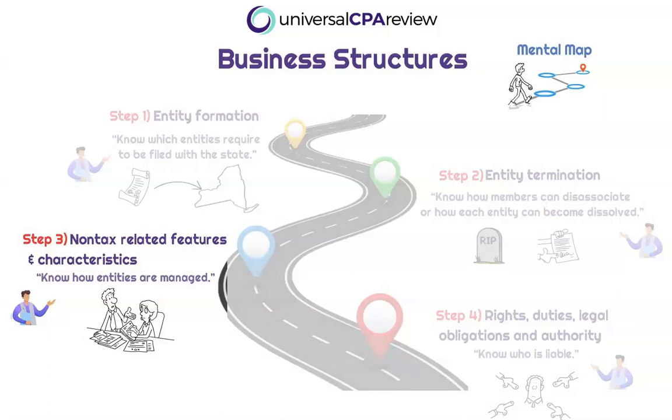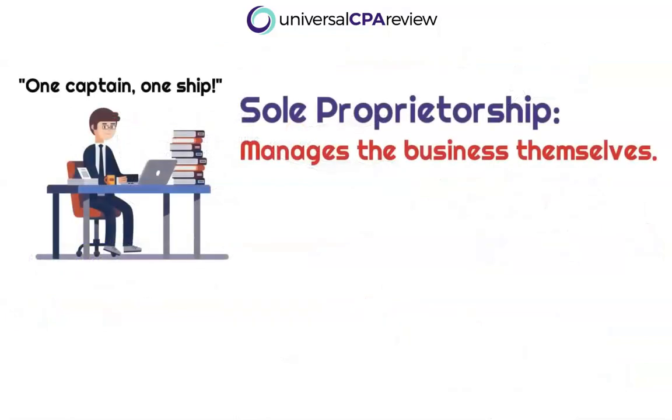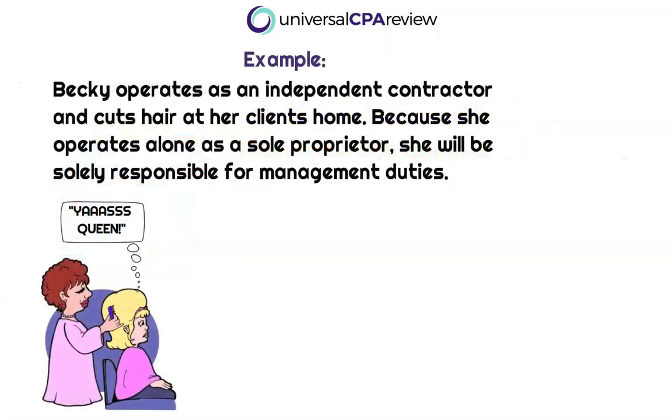So firing this up again with sole proprietorships, keep in mind this is a business that is operated by one person. So it's only going to exist as long as the sole proprietor is alive. If the proprietor dies, then this proprietorship would no longer exist. This is your independent contractor. Let's think about Becky, who goes to people's houses and does blowout hairstyling.